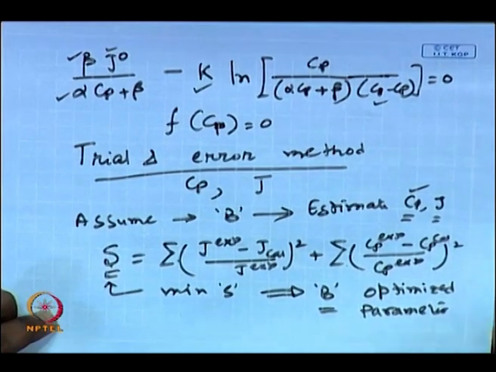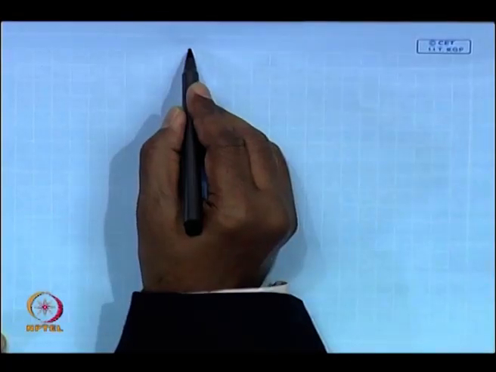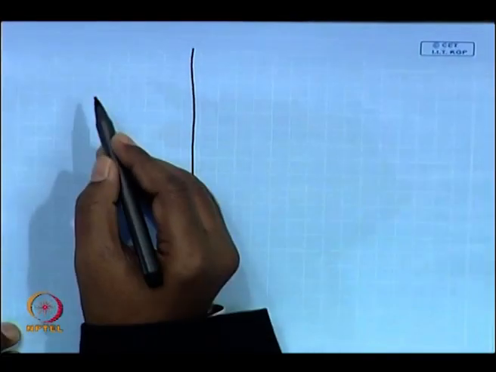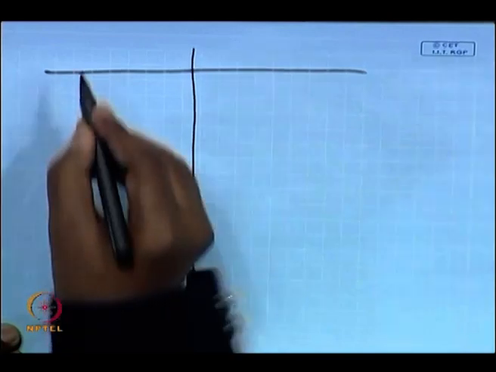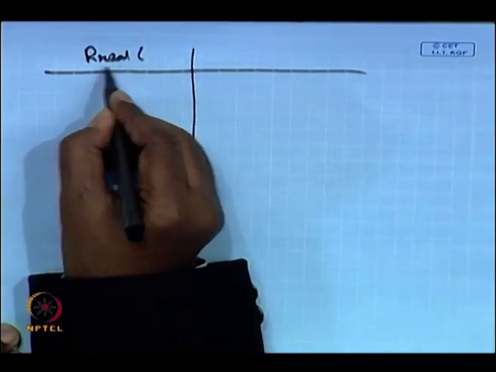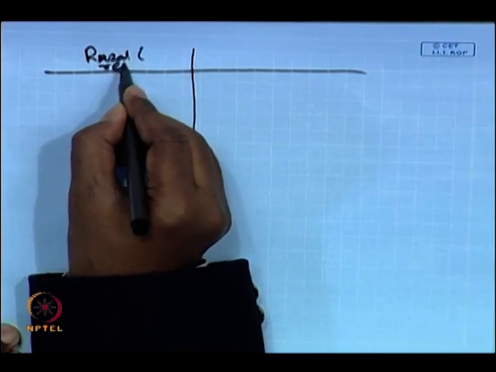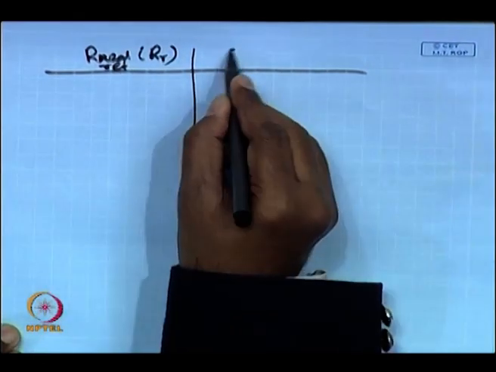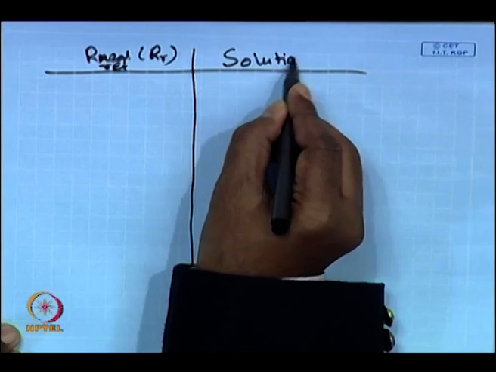So, once we understand this algorithm, let us try to compare the two methods. One is the real retention, RR, another is the solution diffusion model.